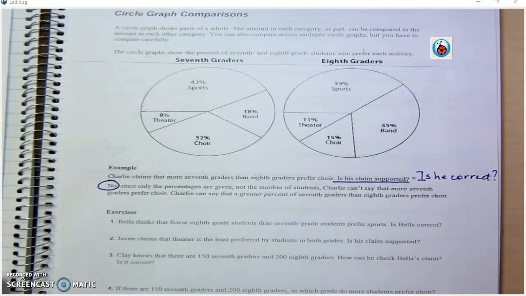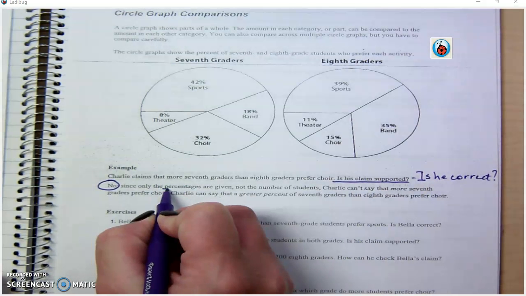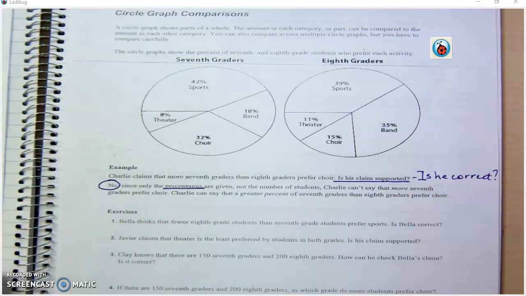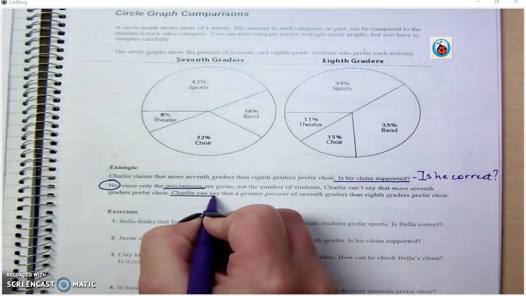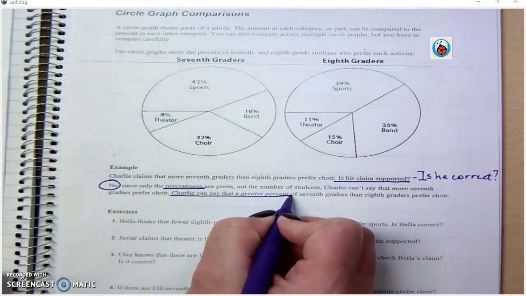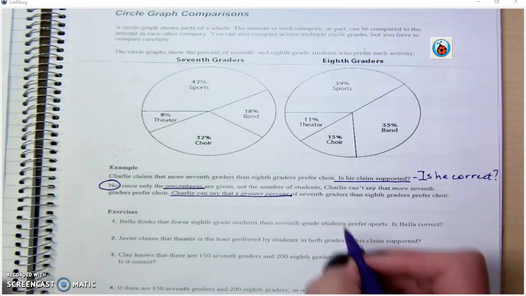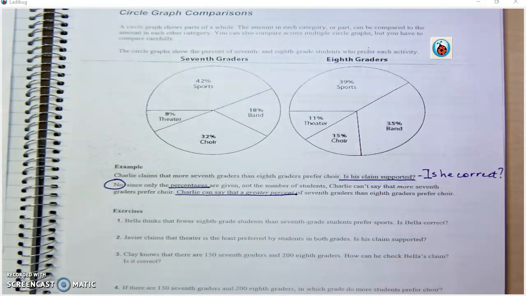So the claim is not supported because only percentages are given, not a number of students. So another way to rephrase the statement, and I really like that you guys have seen, is a greater percent of 7th graders than 8th graders prefer choir. That's how comparison could happen if you do not know the quantity.